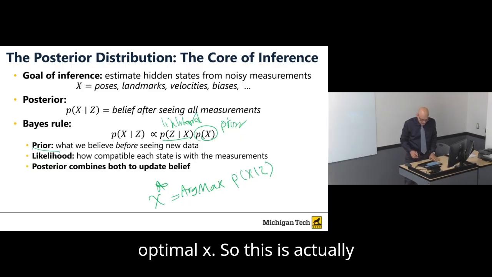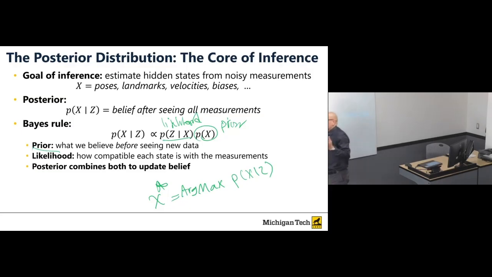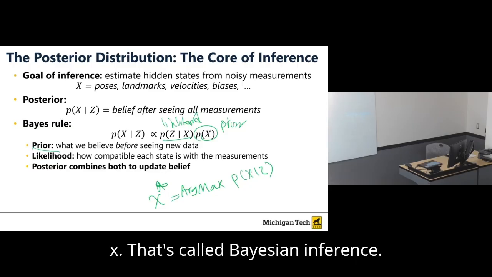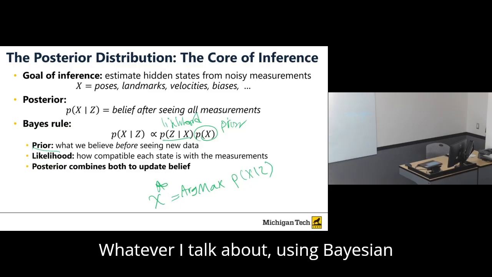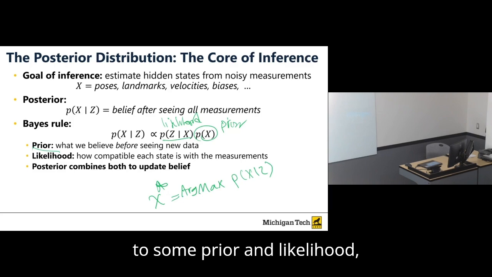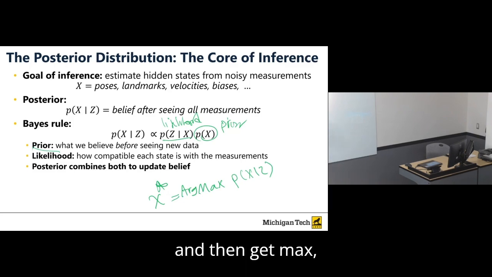This is the basis of Bayesian inference, finding that x. Whatever I talk about using Bayesian rules, we break down the problem into a prior and likelihood, and then take the argmax.